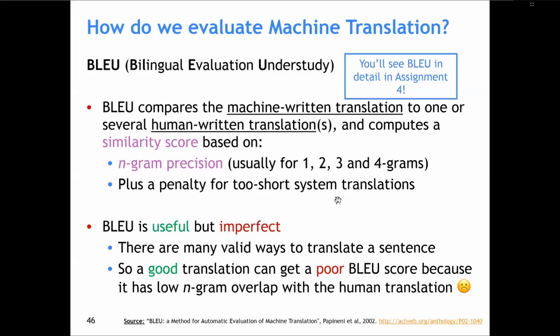But you cannot give a high score for that, right? But it is useful. Right, so a good translation can get you a poor score because there are so many different ways to translate. You cannot guarantee that it can always have a high accuracy compared to this gram matching, gram accuracy.